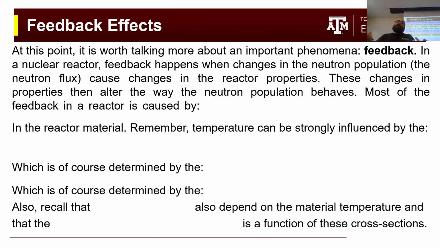So when we talk about feedback, most of it is caused because of temperature changes. Most of the feedback in the reactor is going to be caused by temperature changes. And the temperature in your reactor is going to be influenced by the rate at which energy is being produced in your reactor. In other words, it's going to be influenced by the heat generation rate.